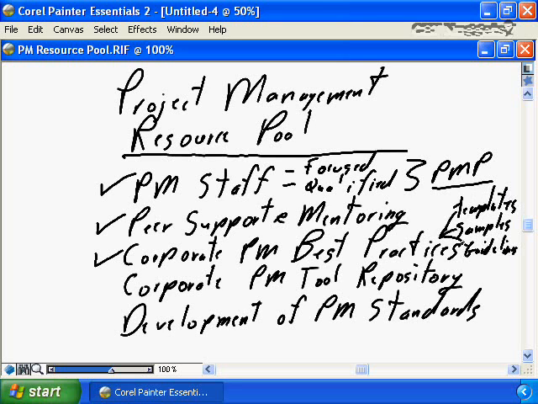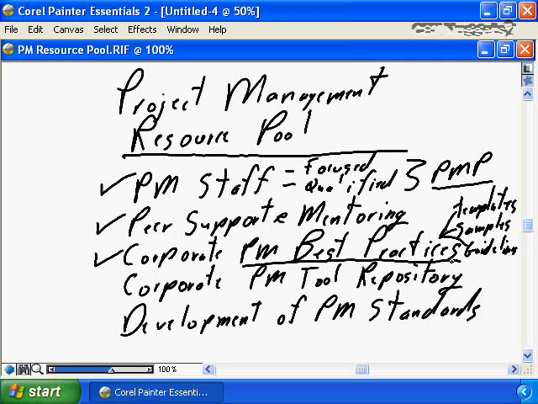Project managers focused on project management, PMPs, when they have downtime between projects, because they're focused on project management, because they report into the PMO, their responsibilities during slack time is going to be development of your corporate project management best practices, development of templates, the fill in the blanks, take off the shelf and say, here is a sample project plan, here is a sample requirements document, here is a sample test plan.